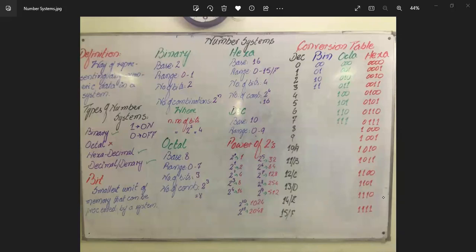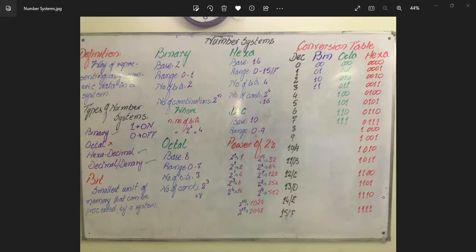That means neither a number less than 0 nor a number greater than 7 can come in this range. Number of bits is 3. That means octal may work only on 3 bits, not more than that, not less than that. And the number of combinations is 2 power 3, which is equivalent to 8.